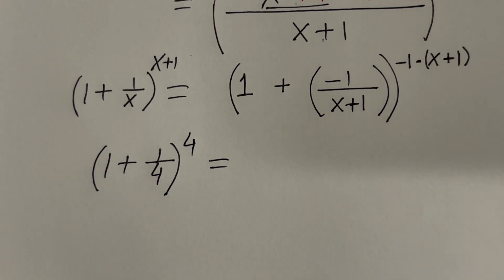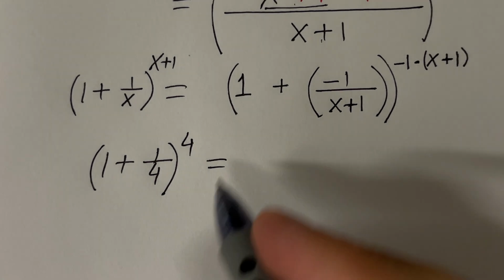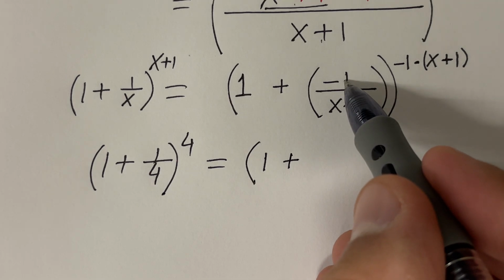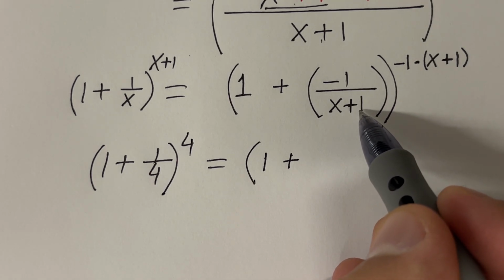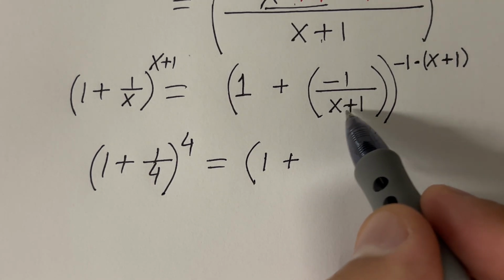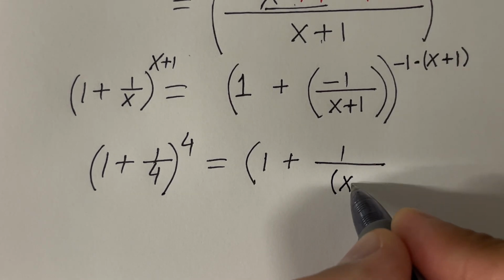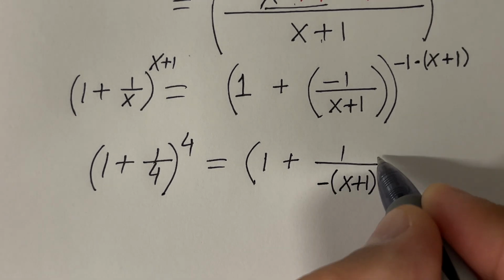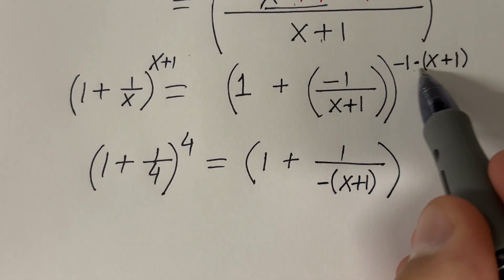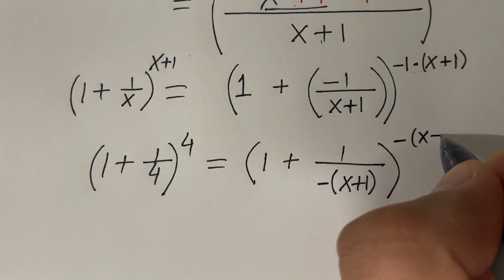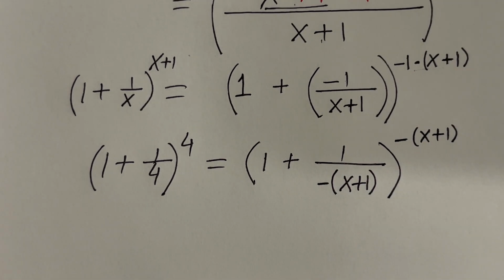And let's do a little bit of work on the right hand side. On the right hand side, we have 1 plus minus 1 divided by x plus 1, which can be written as 1 divided by x plus 1 with a negative sign. Why? Because if you multiply with minus 1, then you will have negative x plus 1.